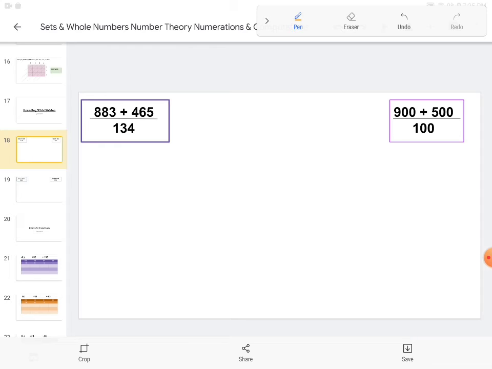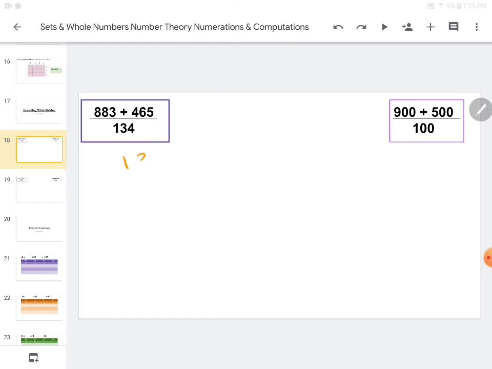And when we do that in our calculator, 883 plus 465, we will get 1,348 divided by 134.